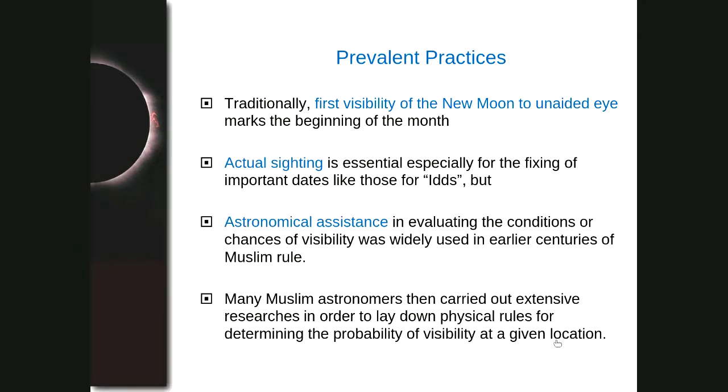So now, Islamically, how do we decide on our months? It always has to be done with the visibility of the new moon. That means we look at the first crescent of the month, and we decide that this is the start of the month.